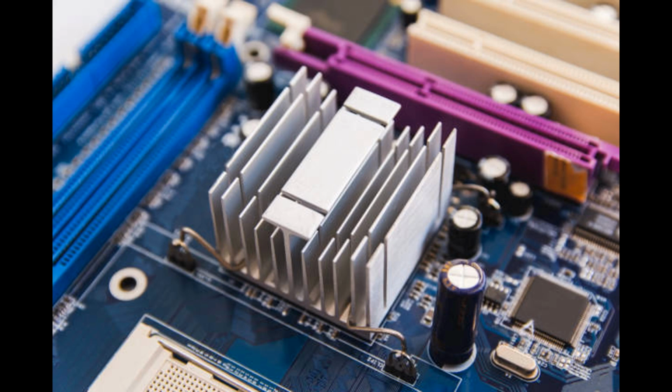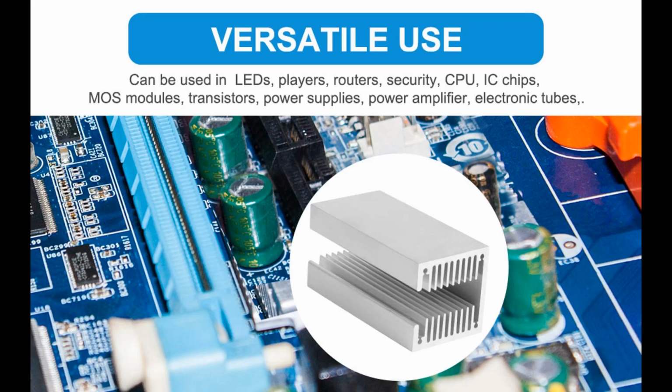Silent operation: liquid cooling systems operate quietly compared to air cooling solutions, making them ideal for noise-sensitive environments. Flexibility and scalability: liquid cooling systems can be customized and scaled to accommodate varying cooling requirements, from small desktop computers to large data centers. Improved overclocking potential.